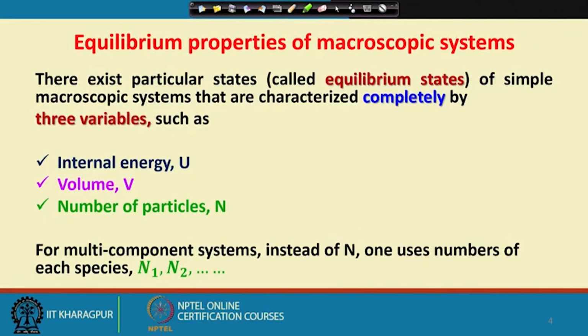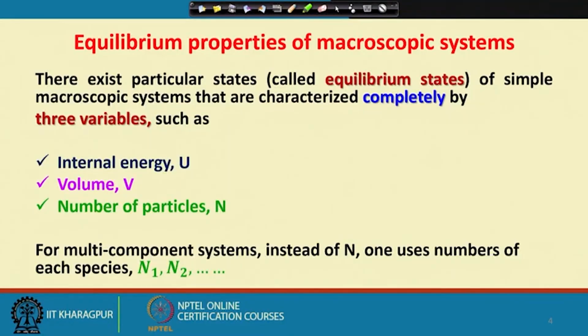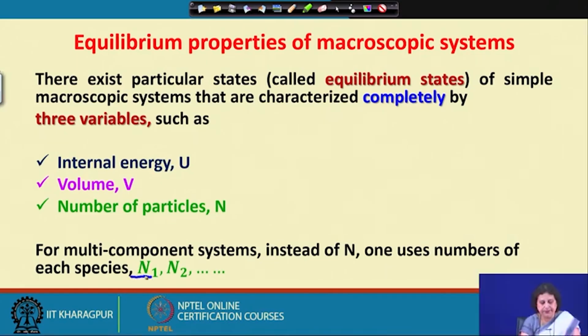You may also ask, what happens if I have a multi-component system? In that case, instead of N, that is the number of particles of a single type, you are going to have different species. So, species 1 will have the number of particles equal to N1, species 2 will have number of particles N2, and so on and so forth.